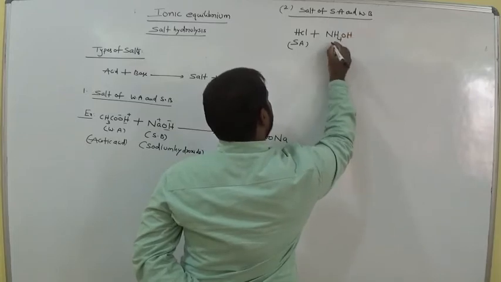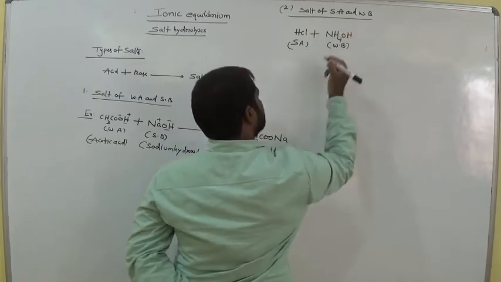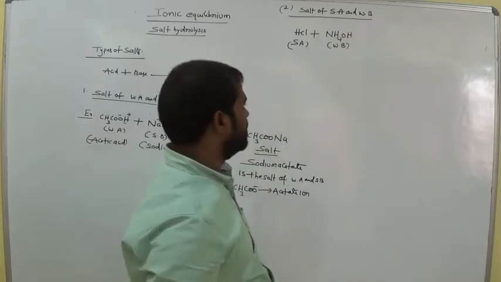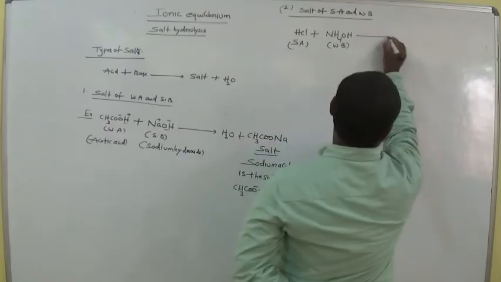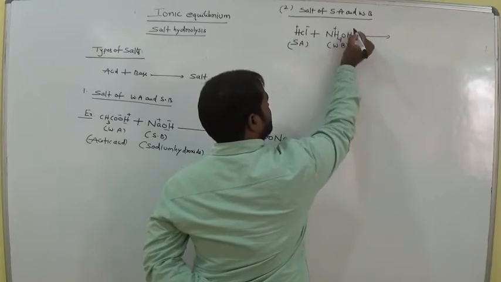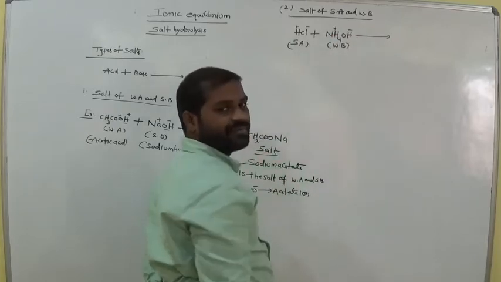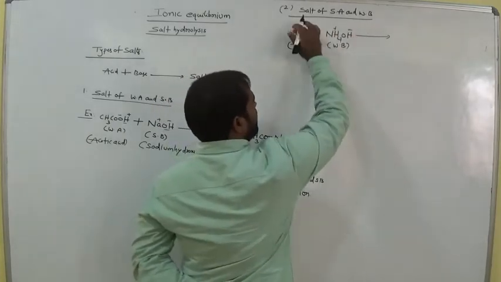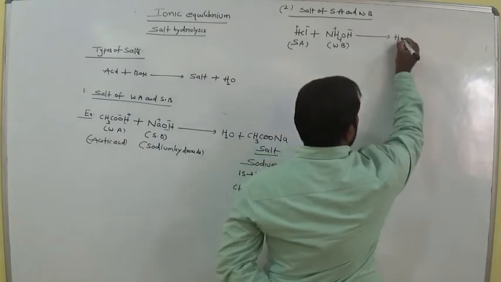Ammonium hydroxide is an example of a weak base. It gives rise to plus and minus ions. Clear all of you? So here OH minus and H plus are eliminated as H2O.